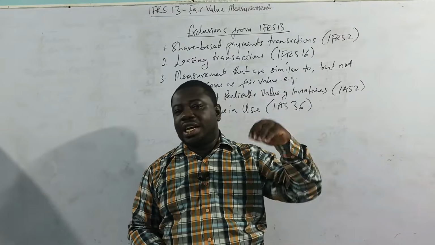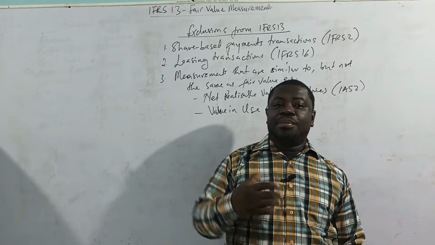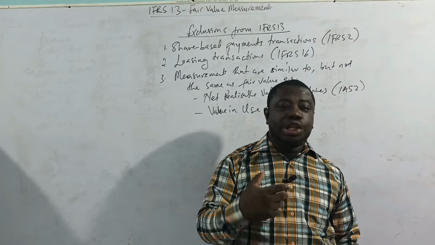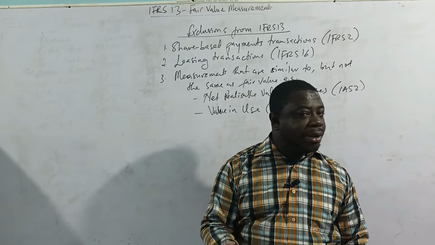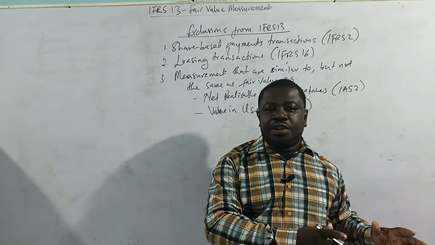Those are definitions that are in those standards. We said that fair value is the amount at which the asset will be exchanged between knowledgeable and willing parties in an arm's length transaction. That is how we gave the definition for fair value.